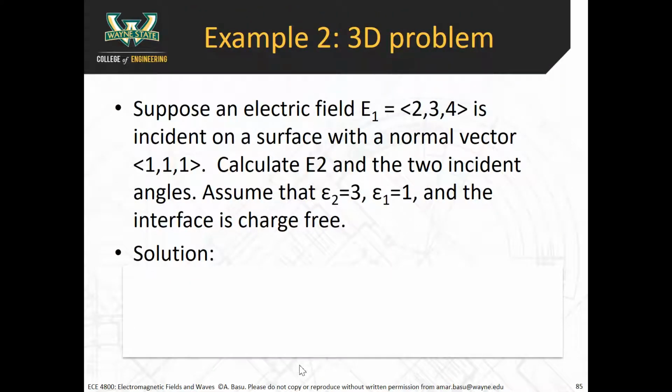Rho s is equal to 0 here. So D2n equals D1n. And if we add in the epsilon, epsilon 2 E2n is equal to epsilon 1 E1n, because remember, D is equal to epsilon E.